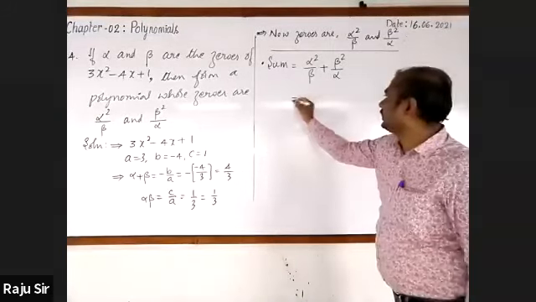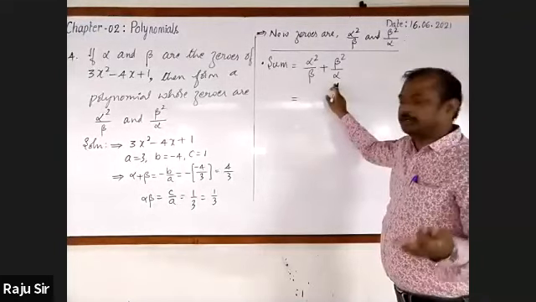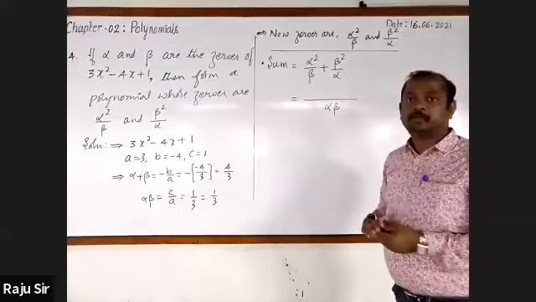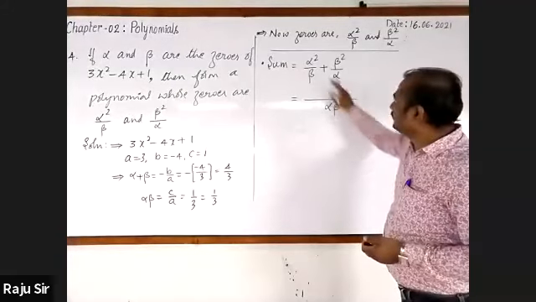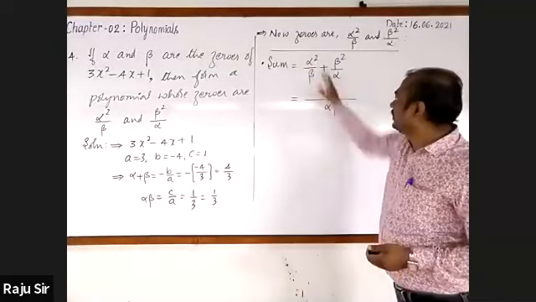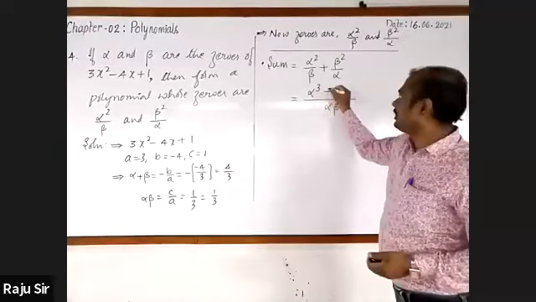This is equal to, go for taking the LCM of the denominator. LCM is alpha beta. Multiply LCM with the first term: beta gets cancelled, alpha will remain. Alpha into alpha square, alpha cube.